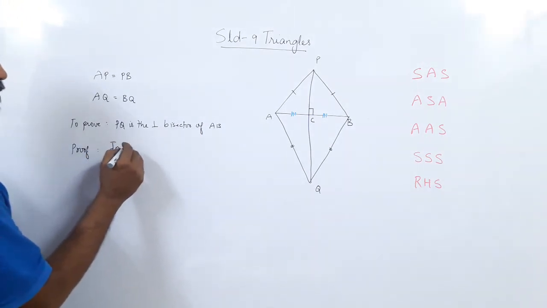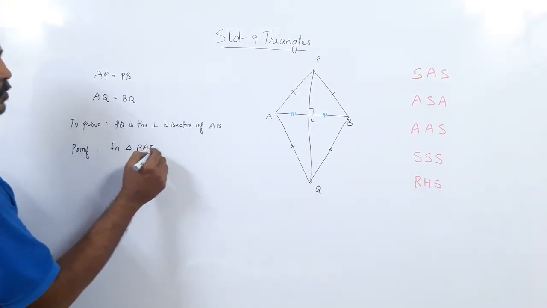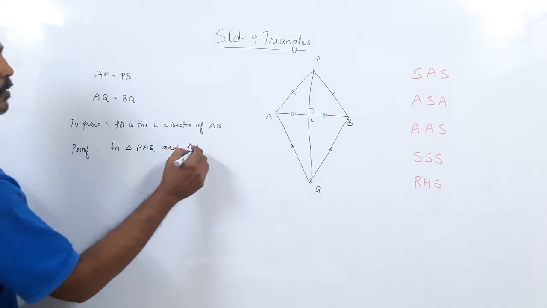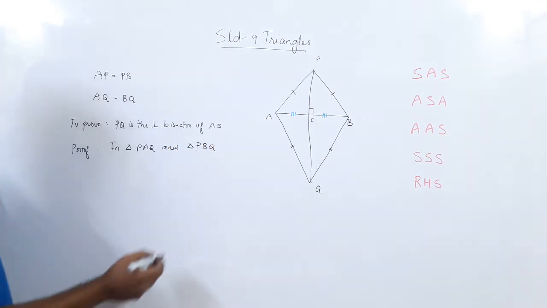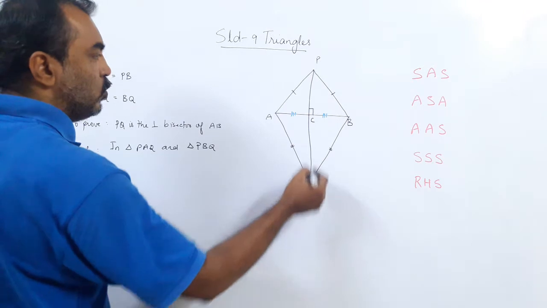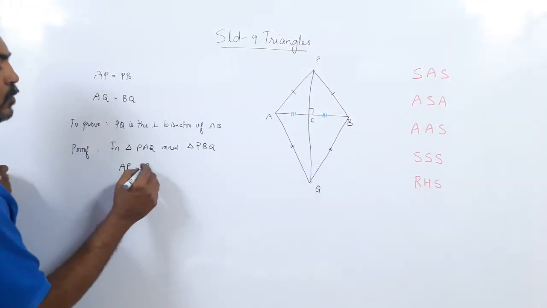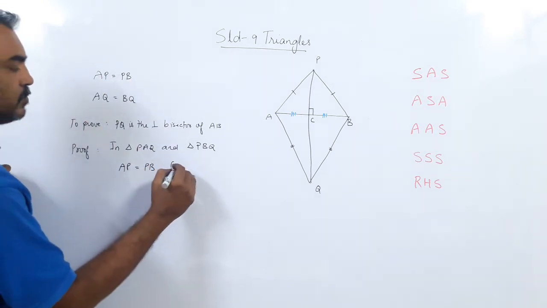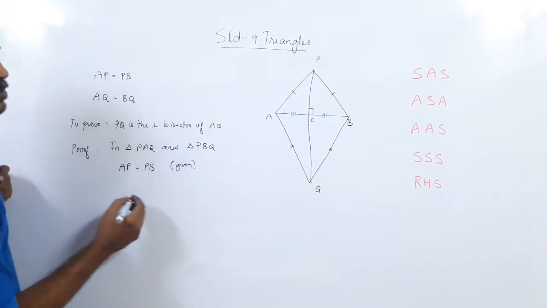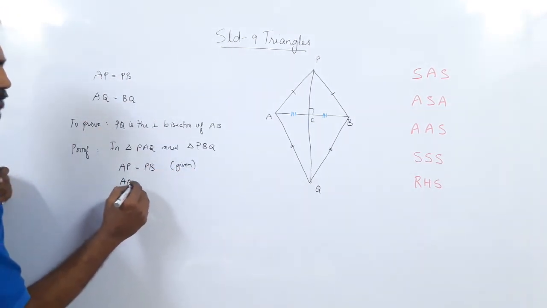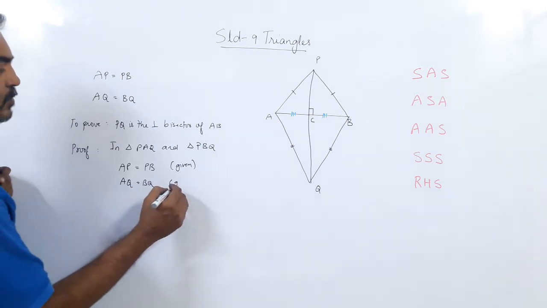Now look at triangle. In triangle PAQ and triangle PBQ. AP equal to PB. Given. AQ equal to BQ. Given.